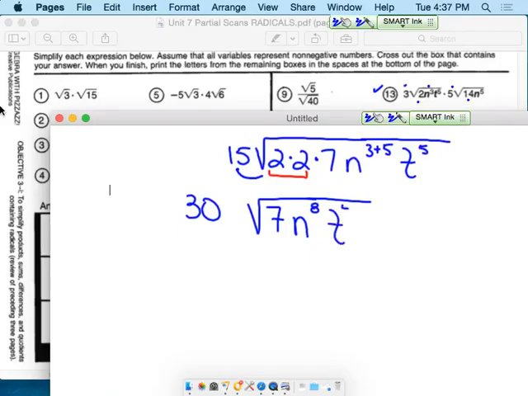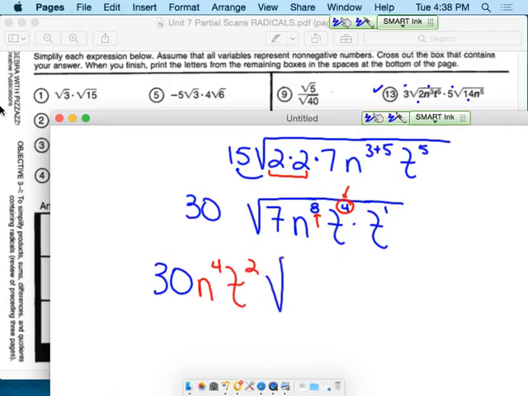And t, the largest perfect square factor of t is t to the 4th. So now I have my variables arranged with perfect squares. So I copy the 30 over. And the 8 comes out. 8 divided by 2 is 4. And then the 4 right here, that comes out as t squared. And then what remains under the radical is 7 and then t to the 1st.